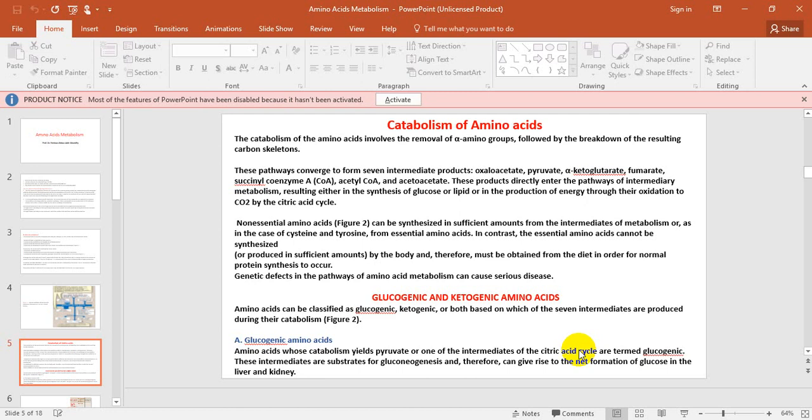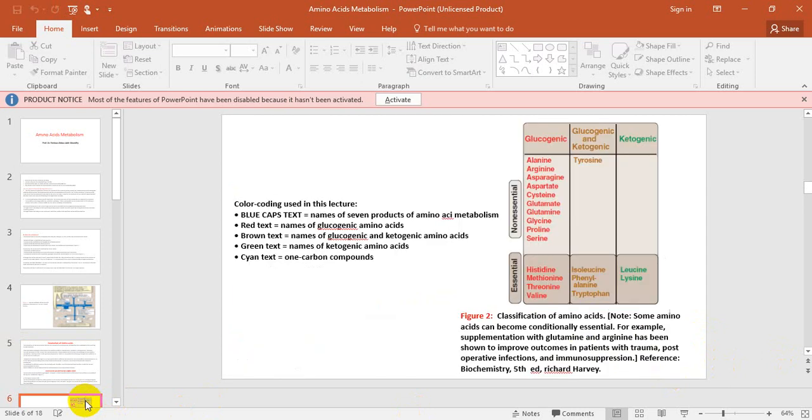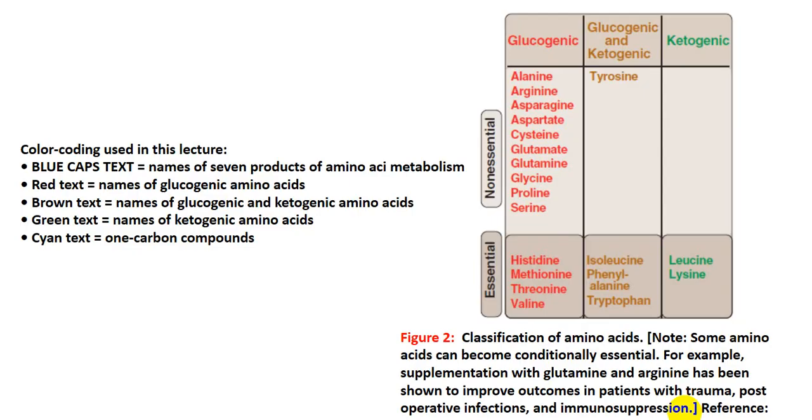Amino acids can be classified as glucogenic and ketogenic, or ketogenic and glucogenic.